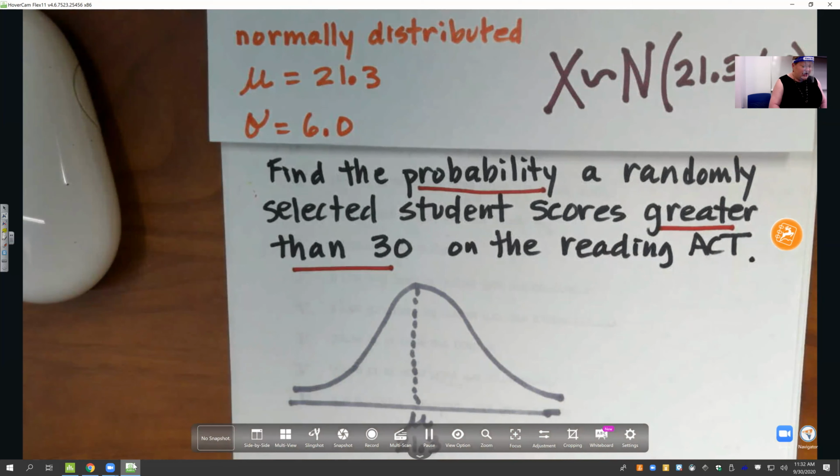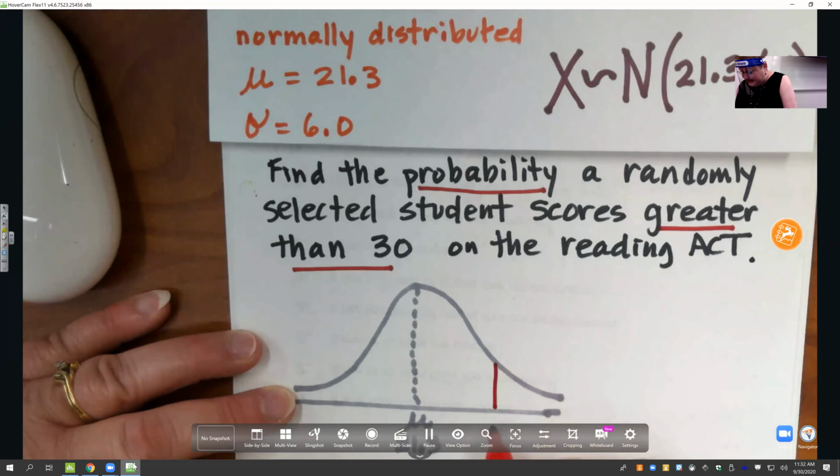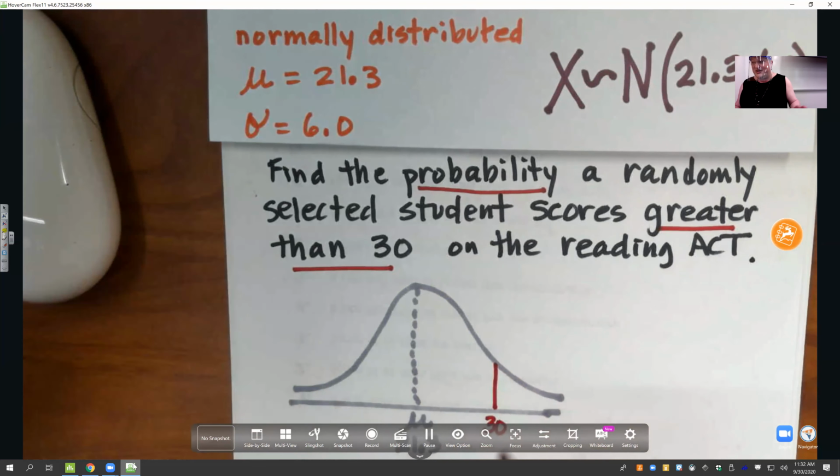Remember, the horizontal axis is your number line. 30, or the score of 30, would be on the right-hand side, because 30 is bigger than 21.3. I hope you guys can follow a number line.